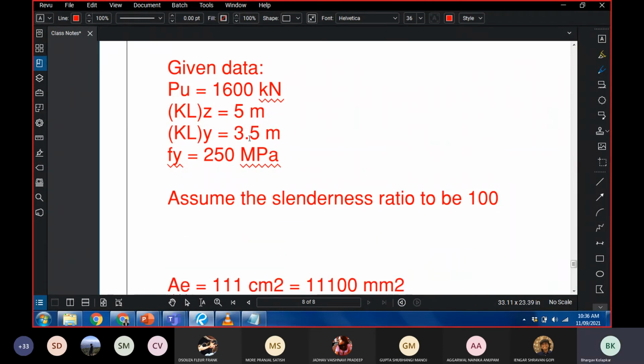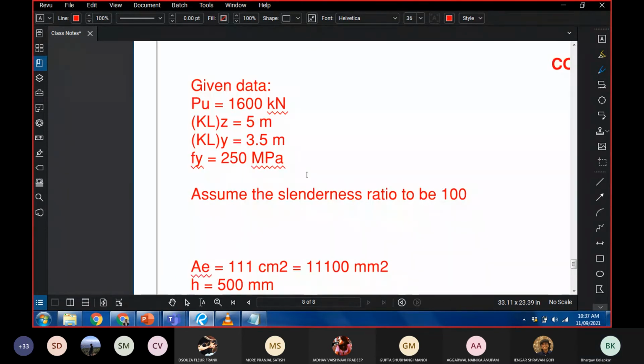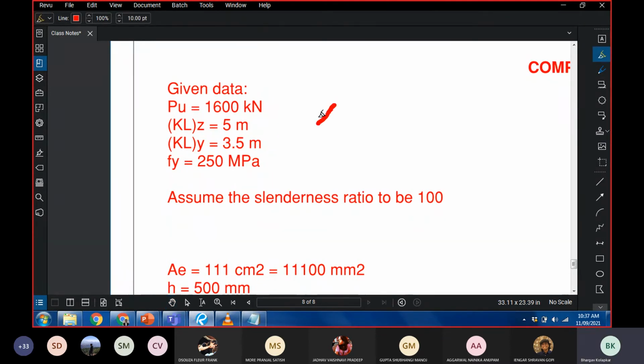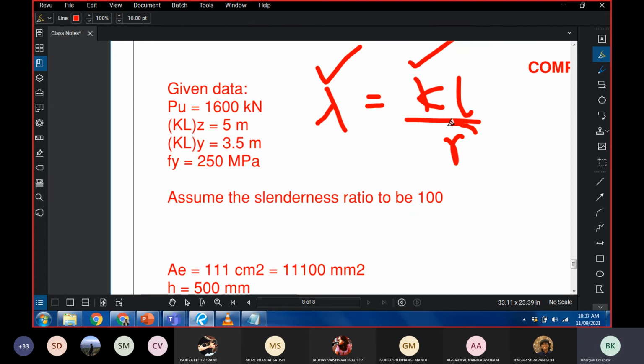I already know my slenderness ratio value. So if I have to compute the radius of gyration, slenderness ratio is KL upon r. Now we know this, we can find out this.